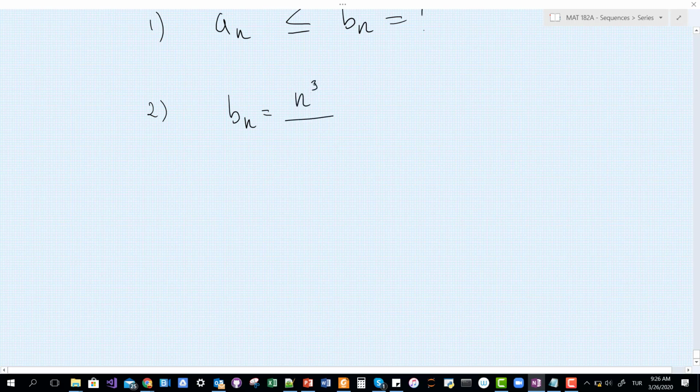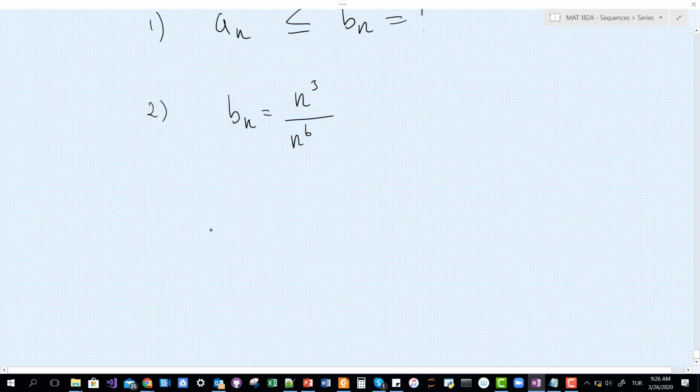The n cubed is the highest degree term in an on the top, and n to the 6 is the highest degree term in the bottom. So I can just choose bn in this way. But I'm not going to use this form right now, since I need to show that this inequality holds.